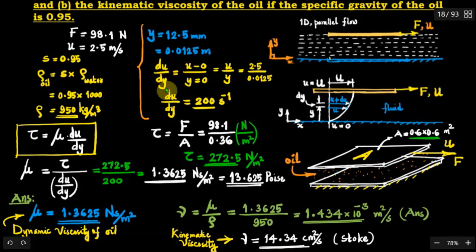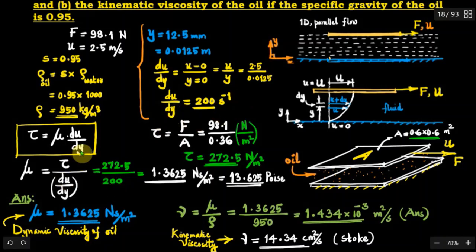So du by dy is equal to u minus 0 divided by y minus 0, that is u divided by y, which is 2.5 divided by 0.0125. So you will get du by dy as 200 per second. This is the velocity gradient which this fluid layer undergoes. So 200 per second is the velocity gradient.